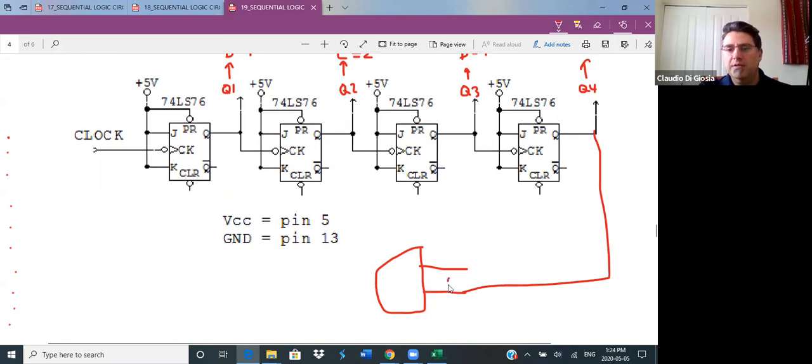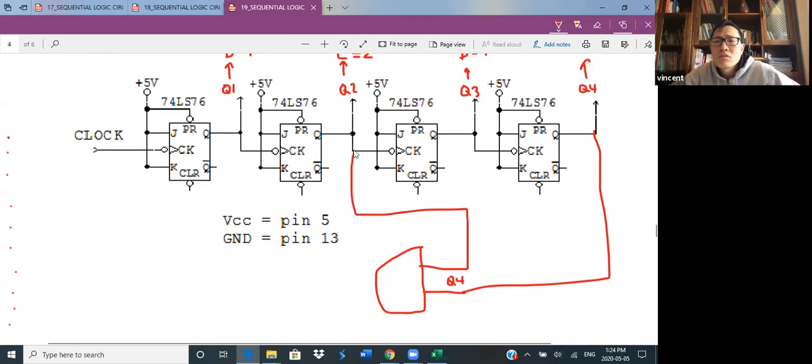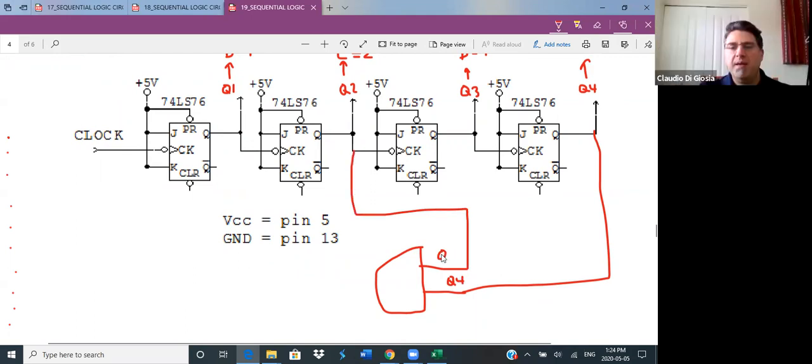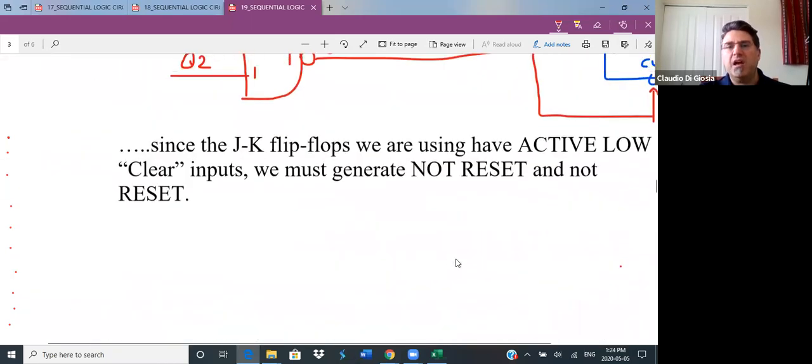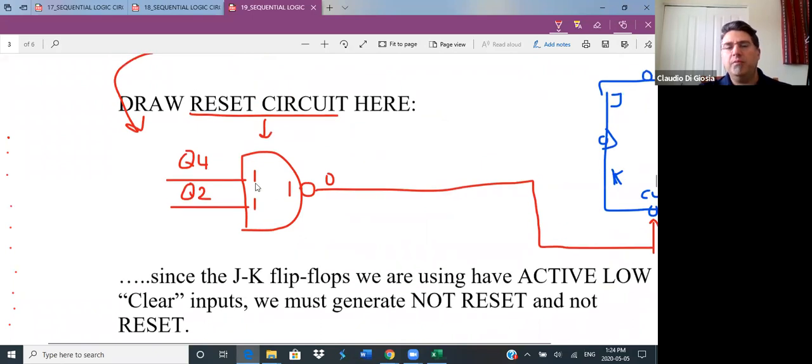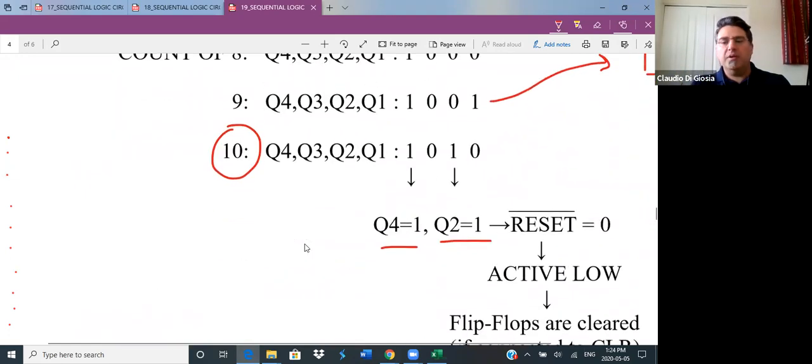And Q2 is right here. Do you understand why I'm tapping off of there? Because I have a reset circuit that tells me in order to restart counting at 10, I have to use a NAND gate, and the two inputs of the NAND gate are going to go to Q4 and Q2.